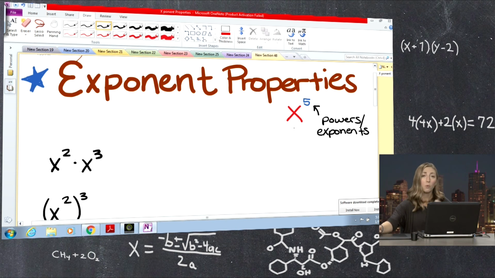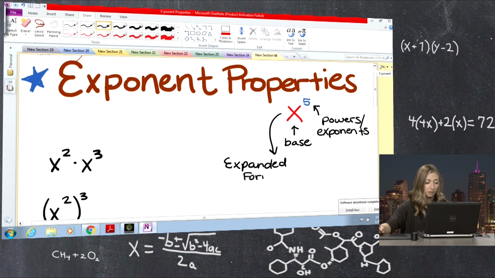The variable or the number that has the power is called the base. I sometimes refer to this as the big number or the big variable. And really what an exponent is telling you is how many times you are repeatedly multiplying that base together. So if I were to write this in expanded form, think of it like an accordion.